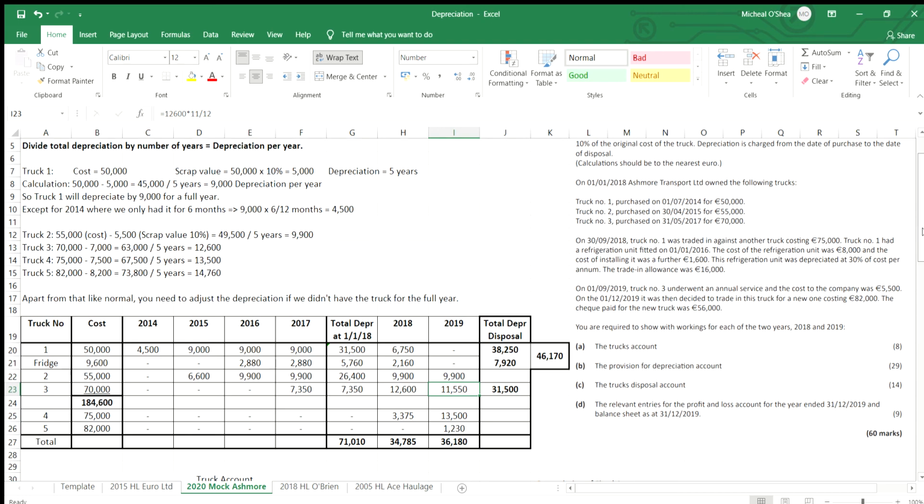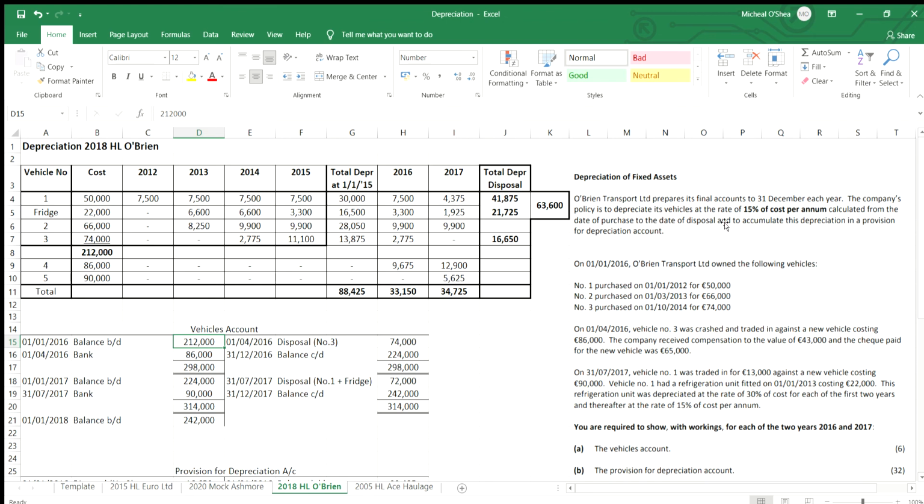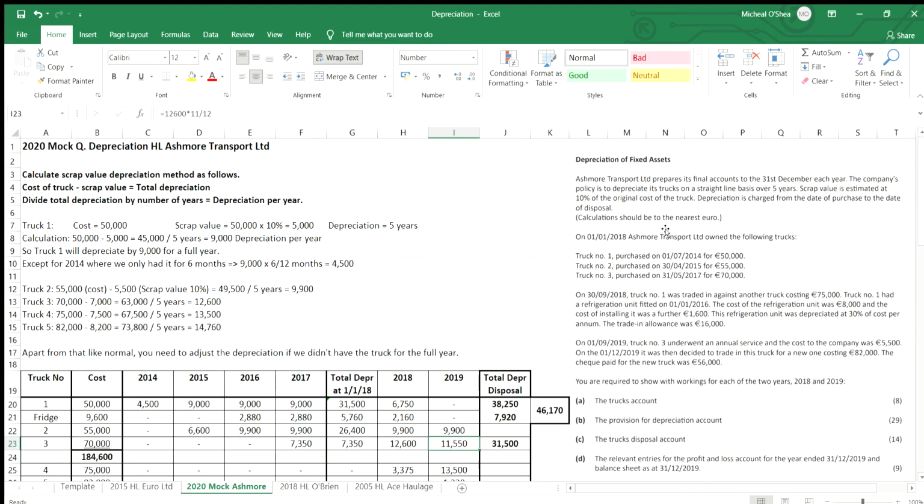And just finally, for a quick recap, for the scrap value method, as you remember from the previous questions, they just told us that depreciation is 15% per year, and we just straight away went at it. We don't have to worry. But for this question and the question I showed the last time, it's a little different. You have to find the cost, which we have here for the first one to be 50 grand. We've defined the scrap value is 10%, so 10% of 50 grand is 5 grand. Take that away.